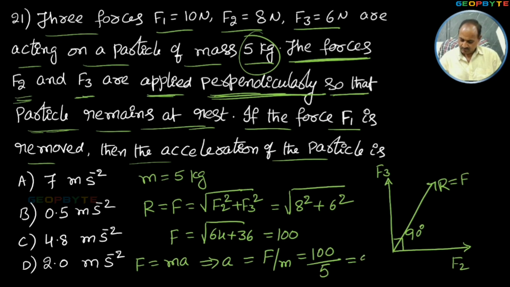So 10 by 5 equals 2 meters per second squared.